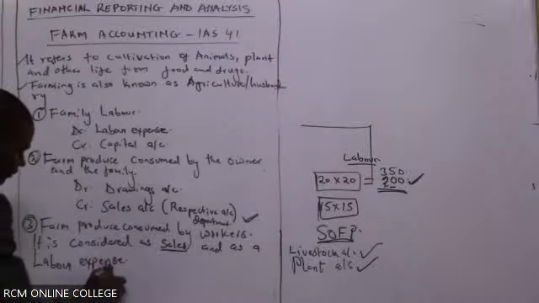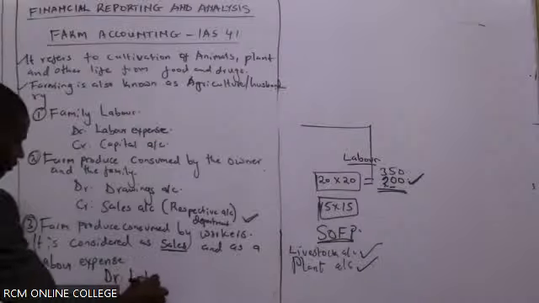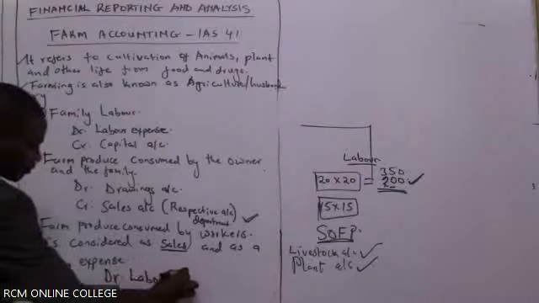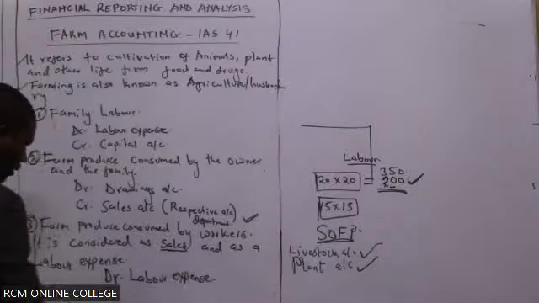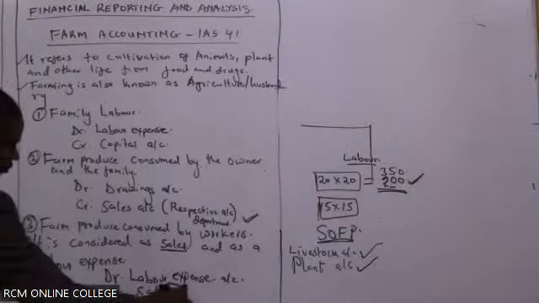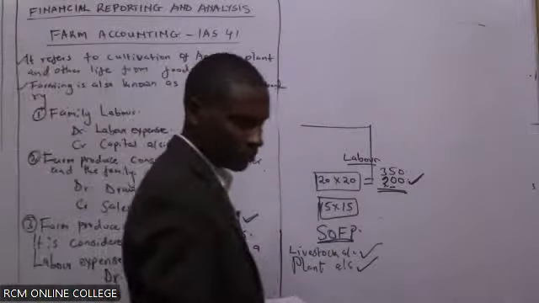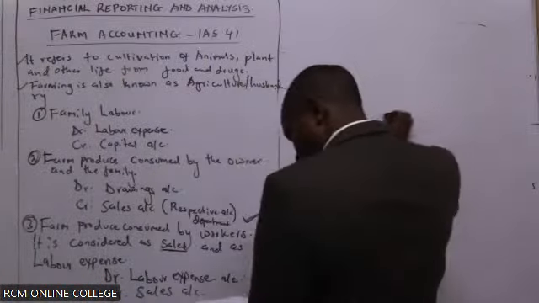You debit labor expense account and you credit sales account. Then we move to the next item.